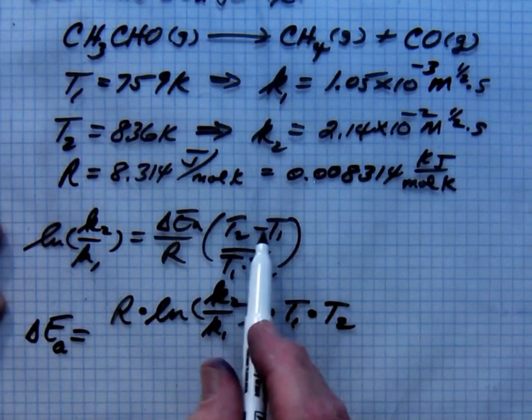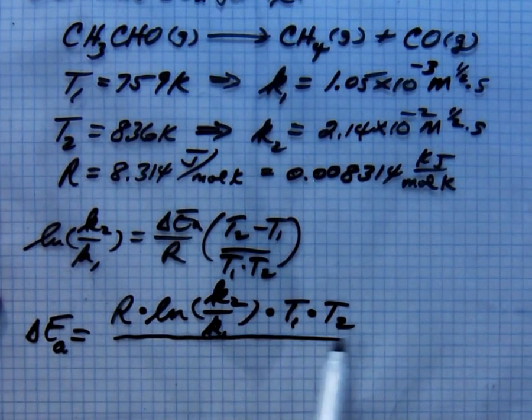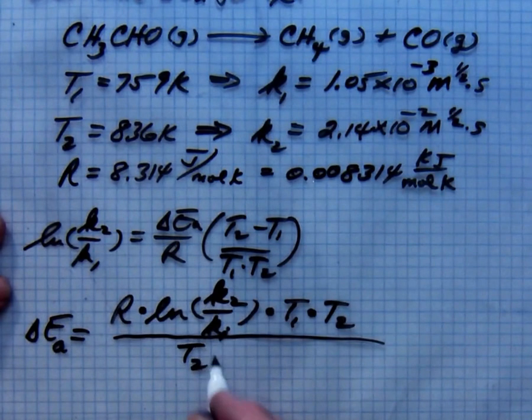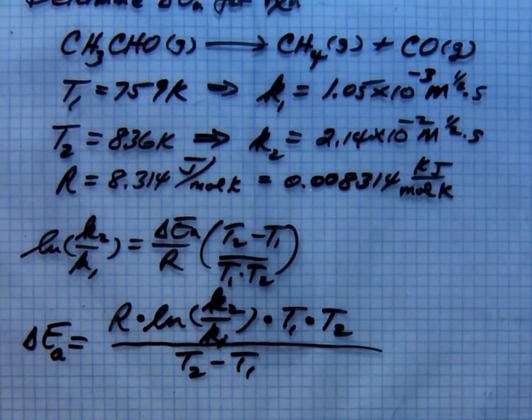So we would divide both sides by this ratio and then invert and multiply it back through. And so this would be T2 minus T1 in the denominator.